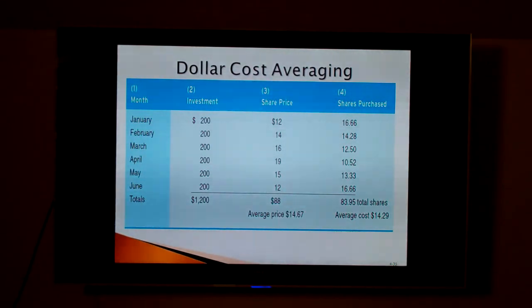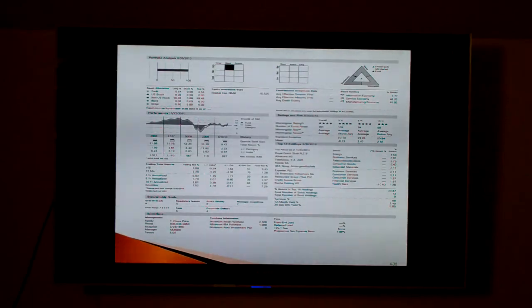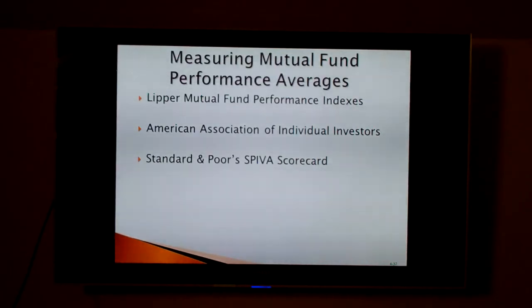Here's a little slide on dollar cost averaging, okay? But, like I said, I want you to do the reading, okay? We're going to pass this slide, way too small for me to go into here, okay? Measuring mutual fund performance: averages, Lipper fund performance indexes, the American Association of Individual Investors, and the S&P scorecard are all ways mutual funds are judged based on experts' opinions.